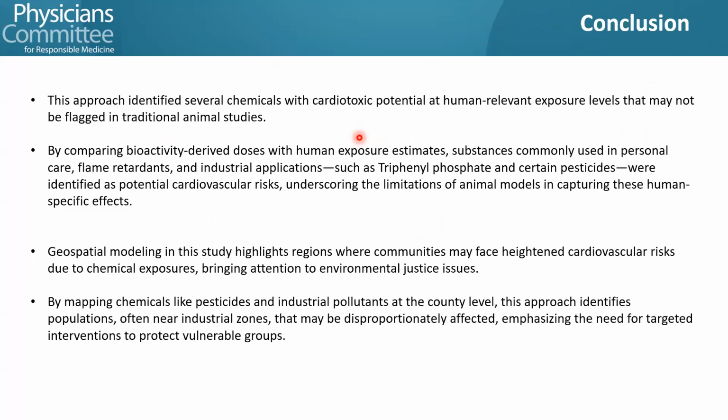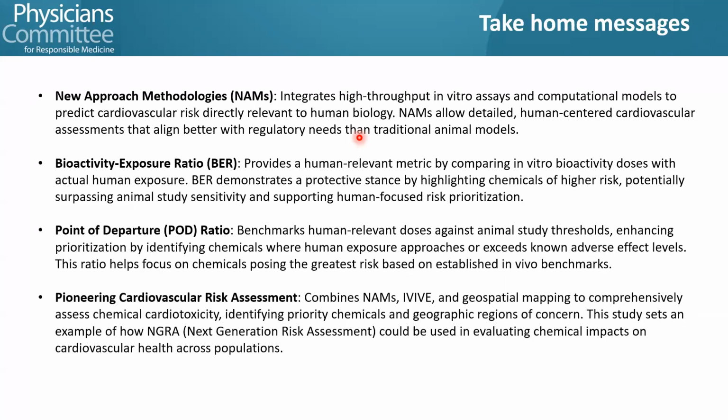By comparing the bioactivity-derived doses with human exposure estimates, we have identified several substances that are commonly used in our day-to-day life, underscoring the limitation of animal models in capturing human-specific effects. And again, geospatial modeling in this study highlighted the regions where the community may face high cardiovascular risk. And these are the take-home messages.